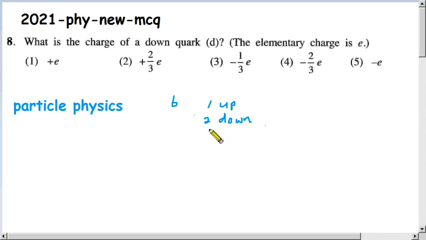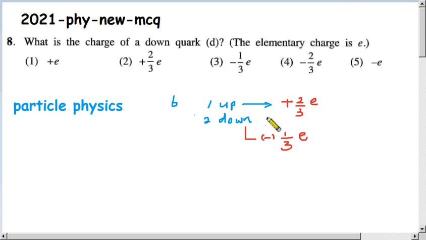There are 4 more quarks, let us discuss them later. The charge of an up quark is positive 2/3 times E, and the charge of a down quark is negative 1/3 times E. So that is what we need.